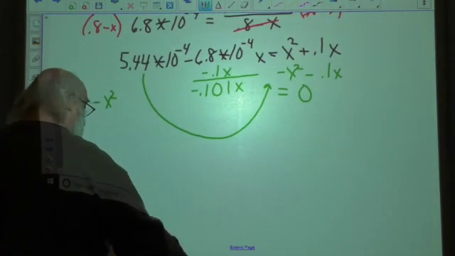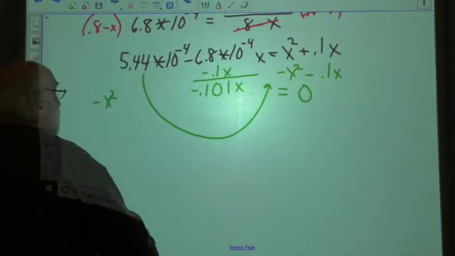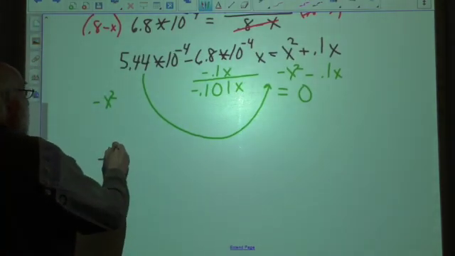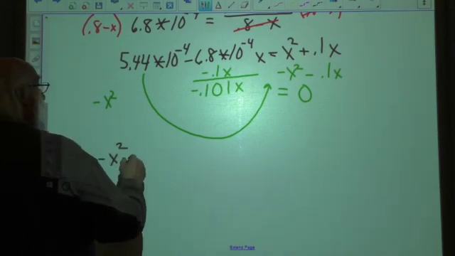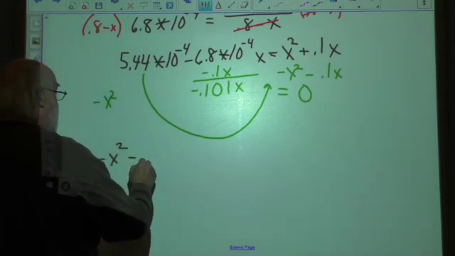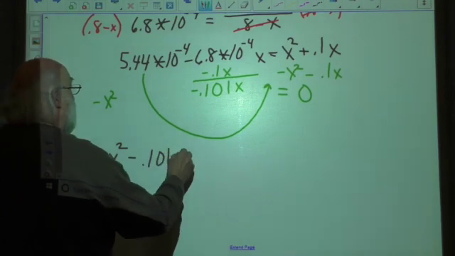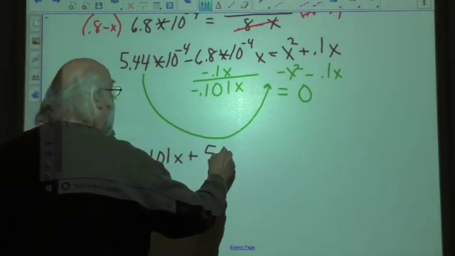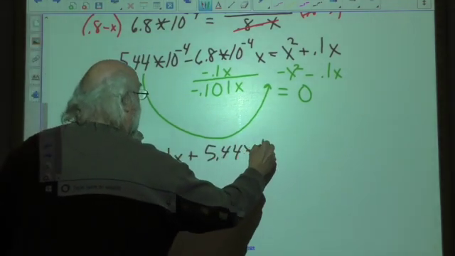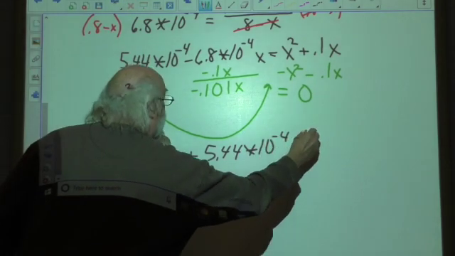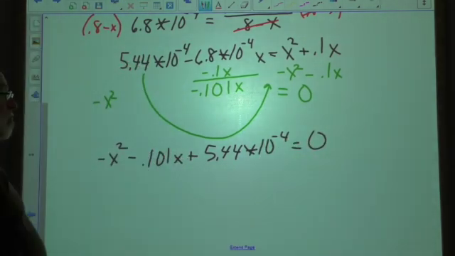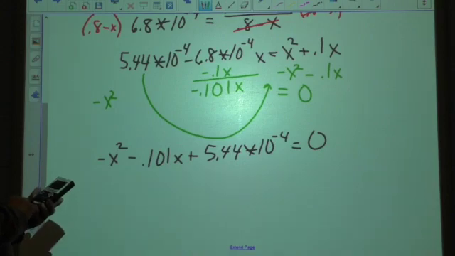So you write that in a way that we can deal with on the quad form. Negative x squared minus 0.101x plus 5.44 times 10 to the negative 4 equals 0. Go to the quad form again.